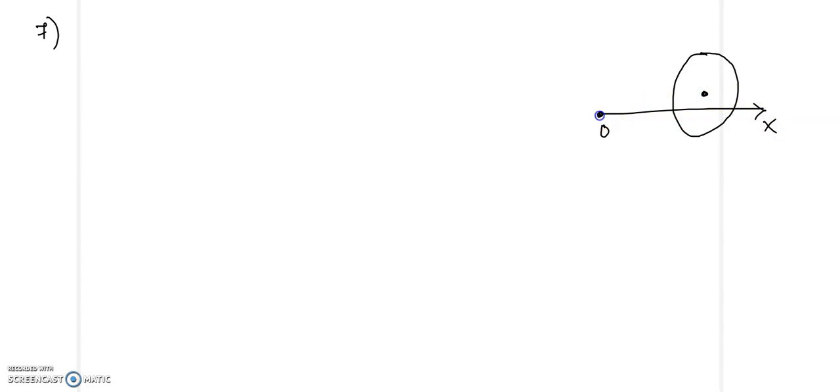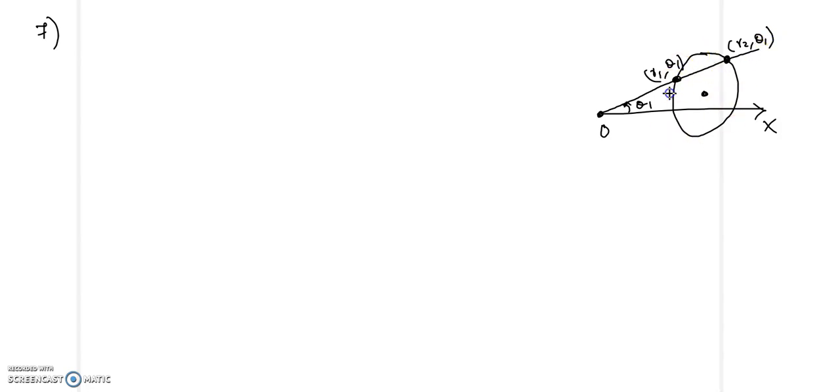Now a secant through the pole, that means a secant line, will intersect your circle at 2 points. Then this angle will remain fixed. The angle of inclination of this line will be theta 1. So this distance will be r1, theta 1 and this distance will be r2, theta 1.